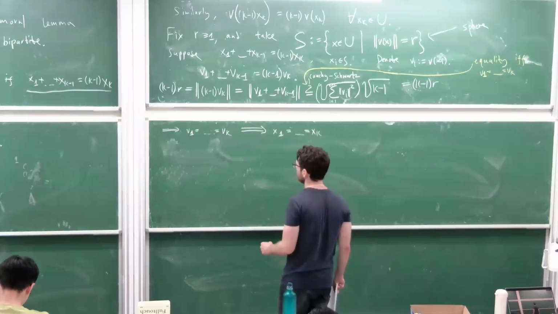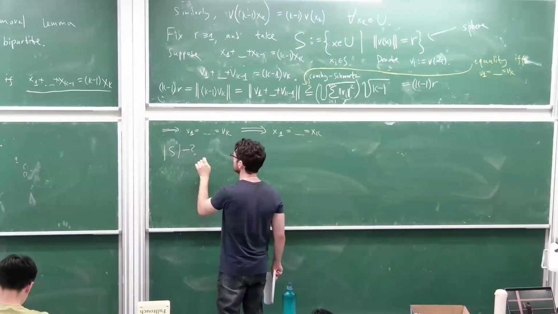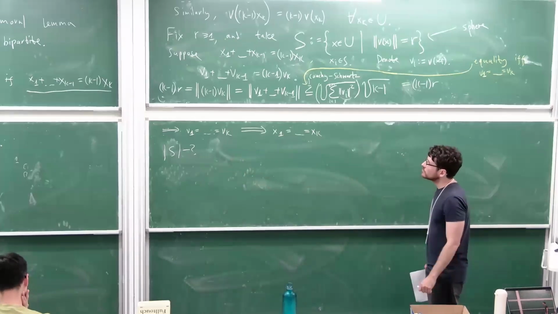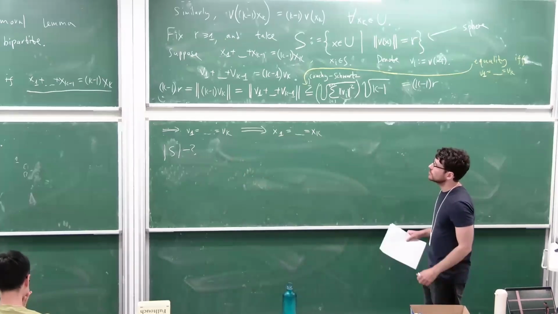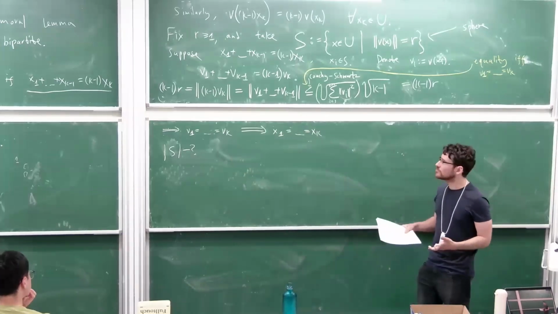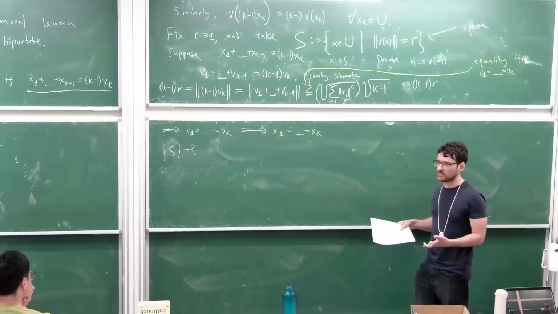Good. So the last thing we have to think about is what is the size of it. And here we'll just use pigeonhole. So we are free to choose R. So what we'll do, we'll see how many options we have for R, and then we'll divide by this number of options.